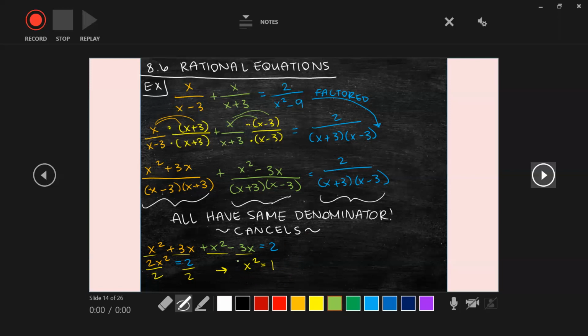Does anyone want to help her out? Square root. So we're going to do the opposite of a square by taking the square root. The square root of x squared is x, and the square root of 1 is 1. And finally, we get answers that we're used to seeing. X is equal to a number.